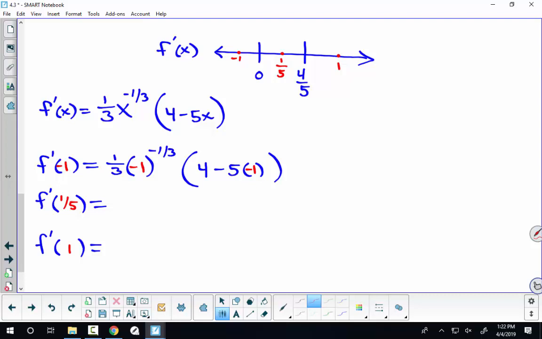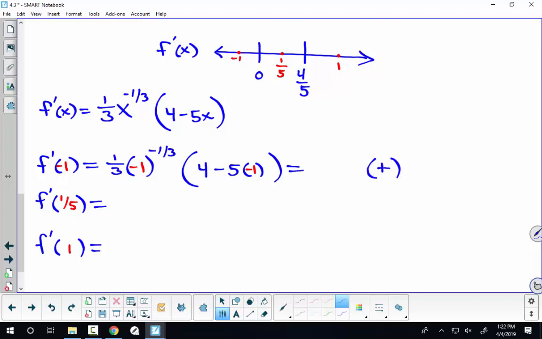What is this factor? 9. Yeah, so that factor is positive. It's 4 plus 5. So that factor is positive.